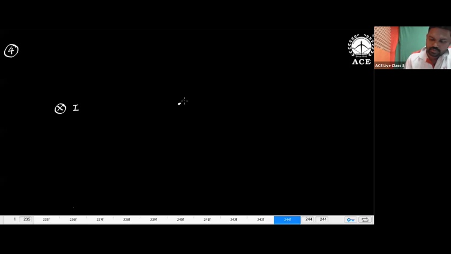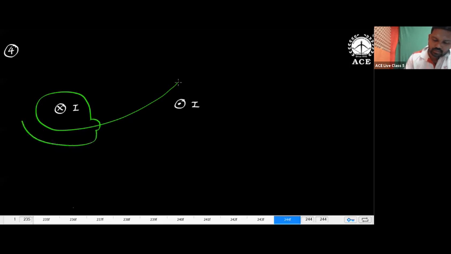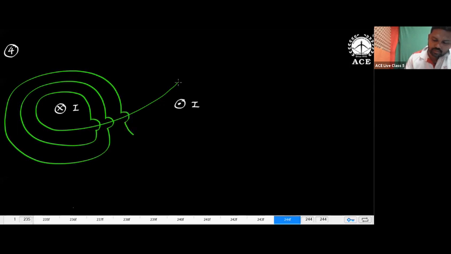Here the only one wire is rotated 3 times.